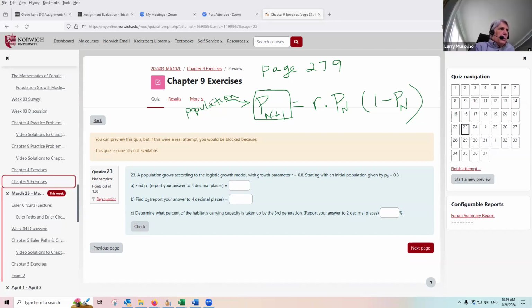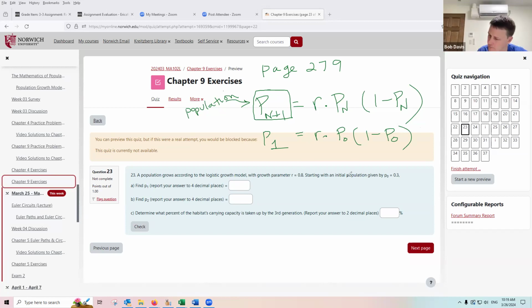So let's do P sub 1 maybe. P sub 1 can be written using P sub 0. So this is going to be R times P sub 0 times 1 minus P sub 0. Does that make sense?